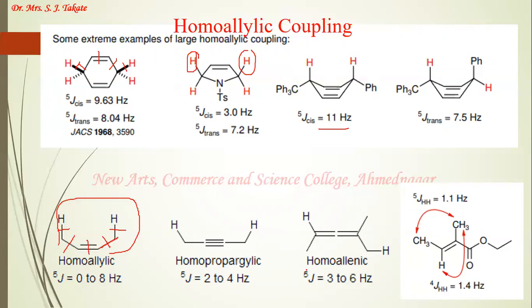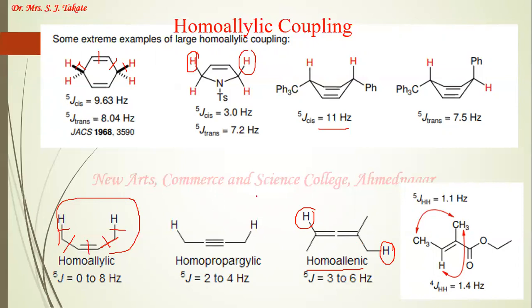Now this next one is a homoallenic coupling. This is an allene. Cumulative carbon-carbon double bonds are there. The coupling partners, this hydrogen and this hydrogen, are long-range partners: 1, 2, 3, 4 and 5.